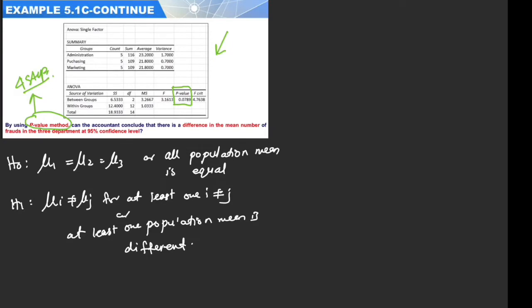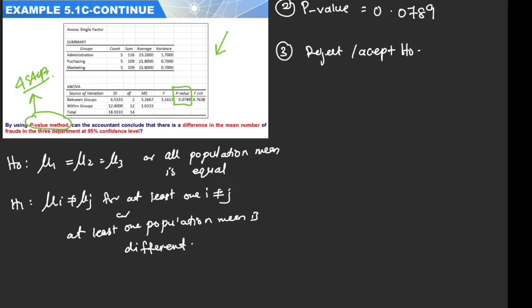Okay, how about step number 2? Step number 2 in p-value method is state your p-value. From the Excel output, our p-value is 0.0789. Step number 3, we want to reject or accept H null. What is the condition to reject?